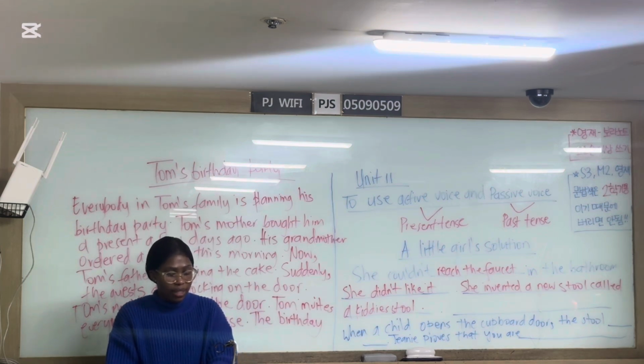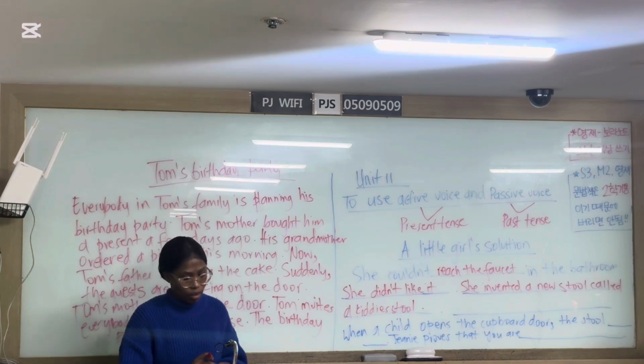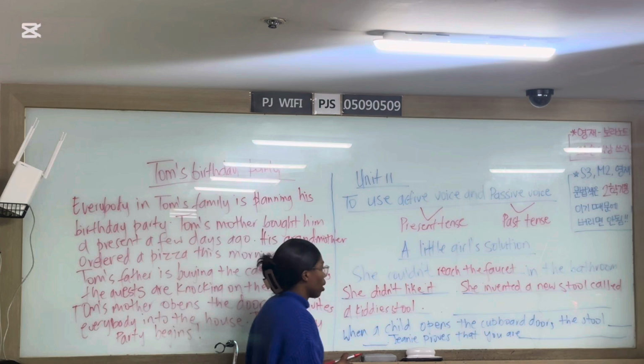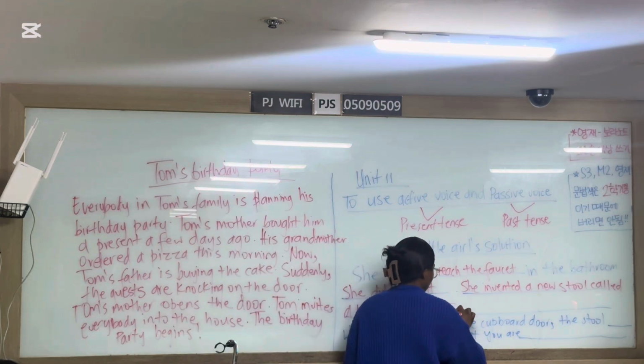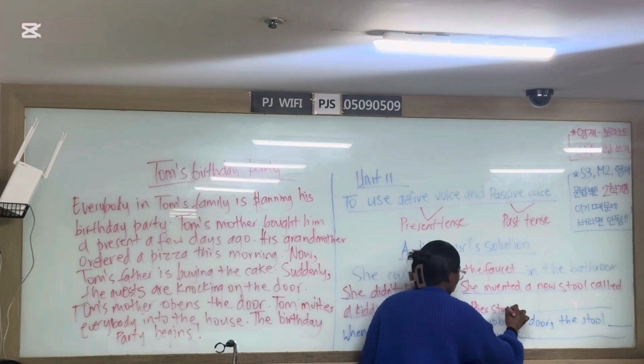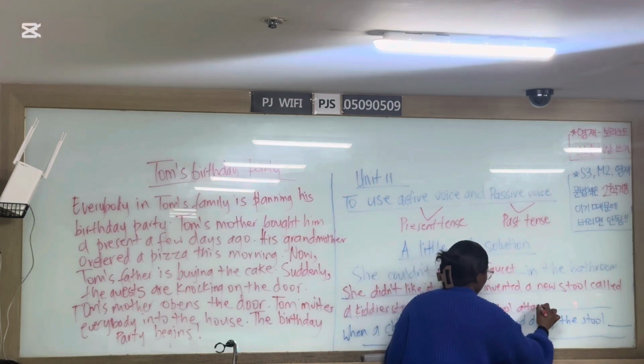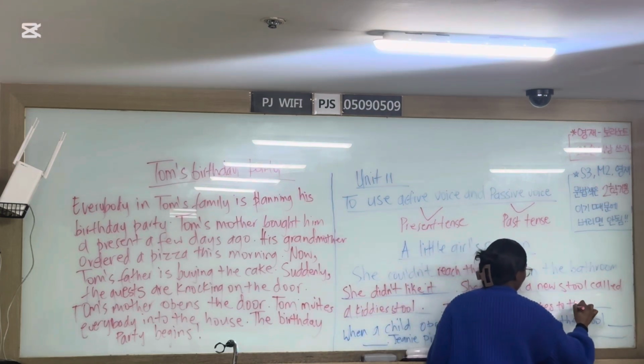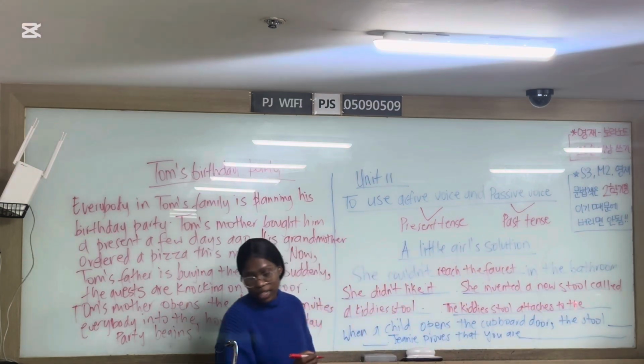What's the next sentence? She attaches to the cupboard door. What is she attaching? The kiddie's stool attaches to, what does it attach to?